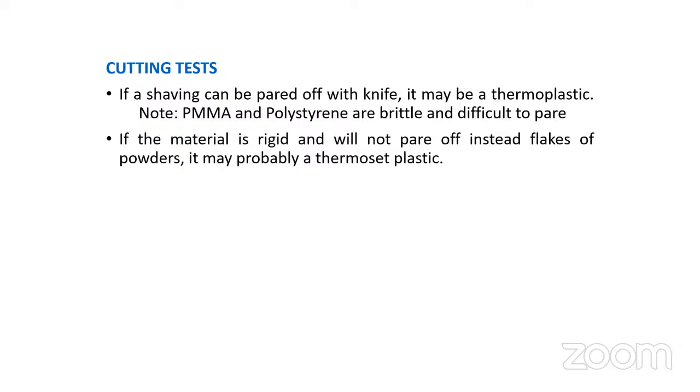They are not as flexible as thermoplastics. Due to the hard, brittle, or rigid nature, it will not get cut, or you will not get a slice out of it. From that you can identify whether the material available with you is a thermoplastic or thermoset.